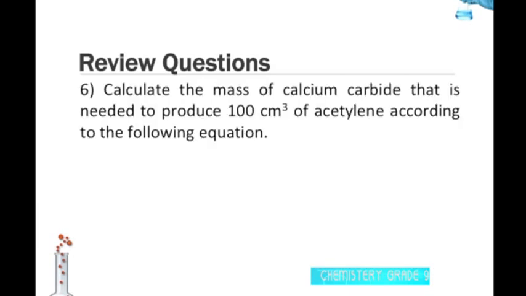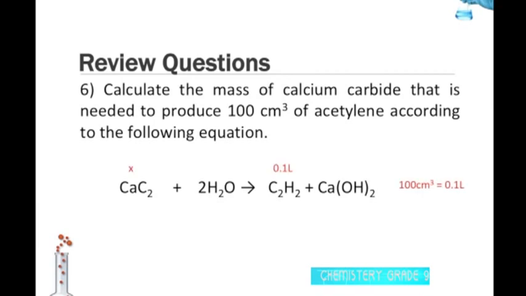Calculate the mass of calcium carbide that is needed to produce 100 cubic centimeters of acetylene according to the following equation. Let's put the knowns and the unknowns.